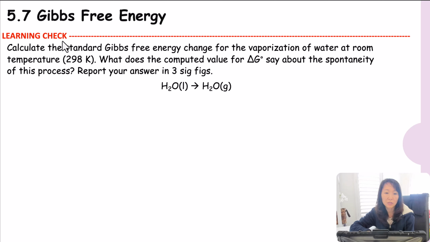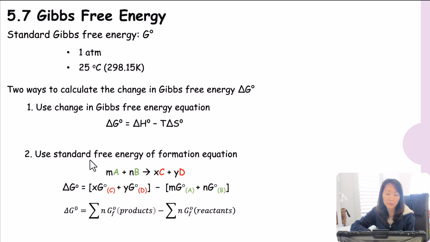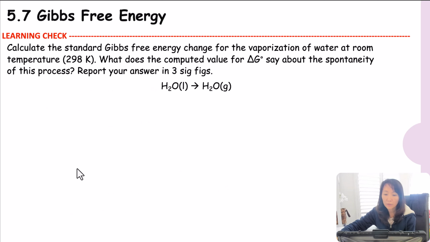So there are definitely two ways to calculate it. First of all, it says to calculate the standard Gibbs free energy, but we're going to utilize the formation one, okay? We're going to use the standard free energy formation. Yes, we can use the other one too, but we're going to use this one first, and we will go over another learning check that will use both of them and compare the two. So standard formation says that delta G naught is equal to the summation of the coefficient of my product.